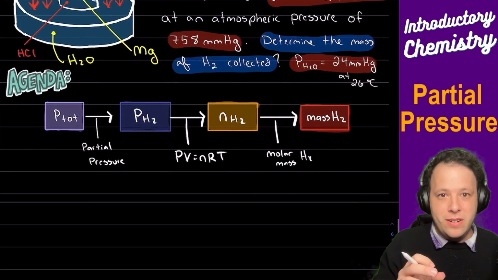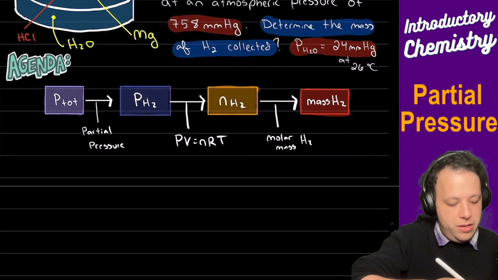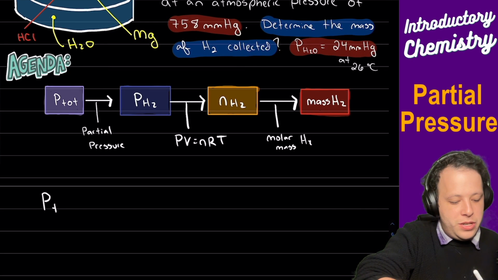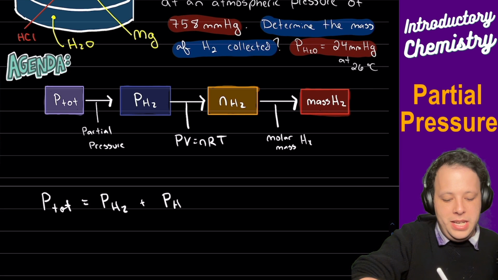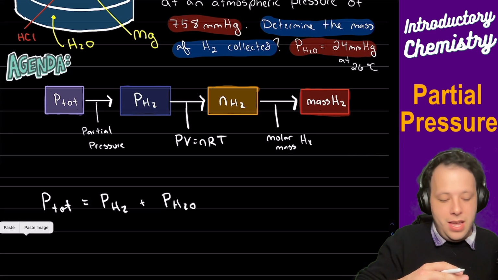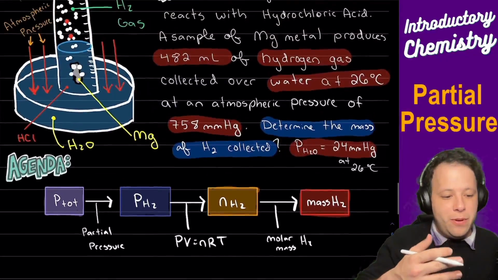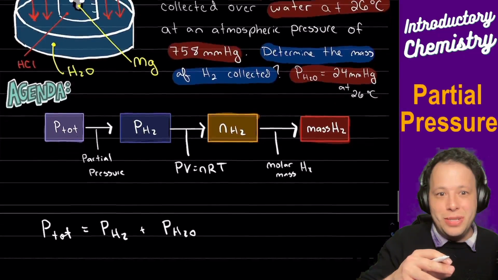So why don't we start there on our agenda? If I have my total pressure, which in this case is in atmospheres, this is going to be equal to the pressure of the H2 gas being created and the water vapor that is coming off as well. So they're both existing in the solution.